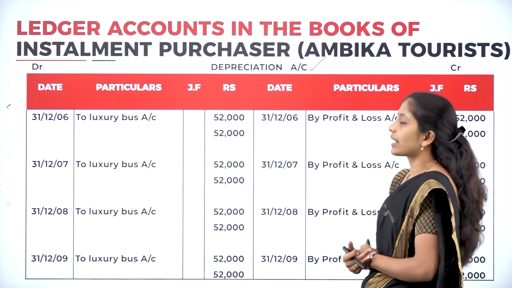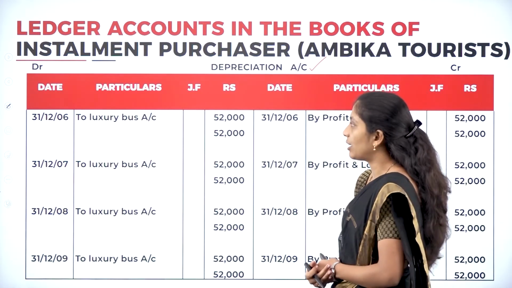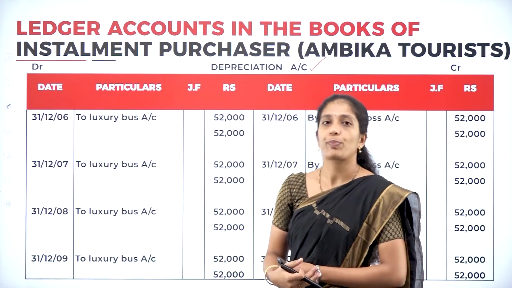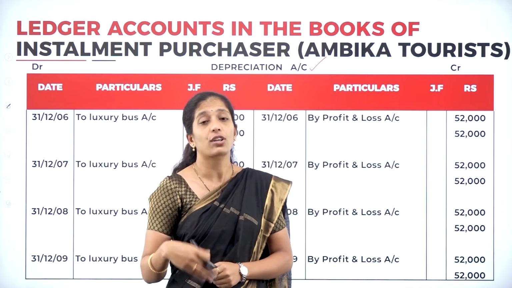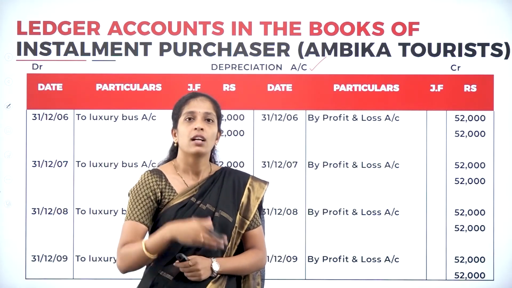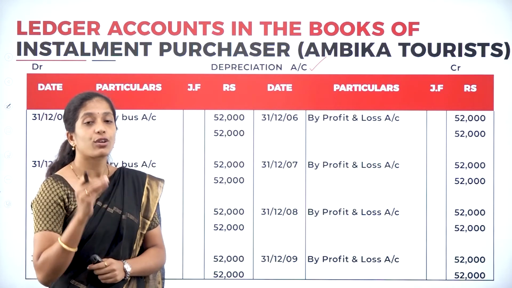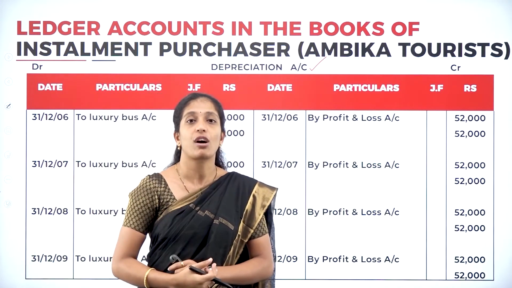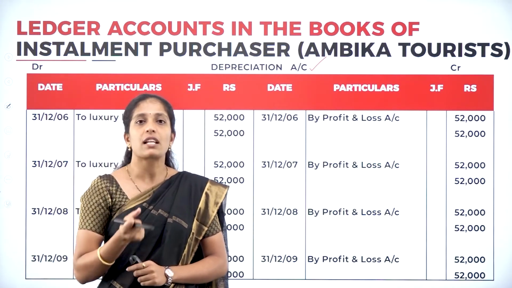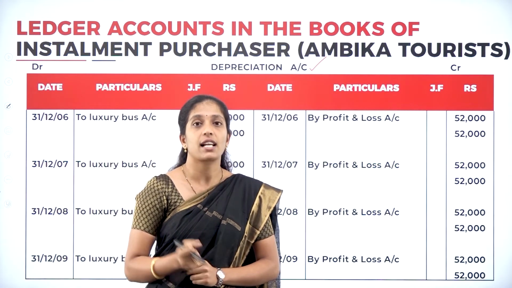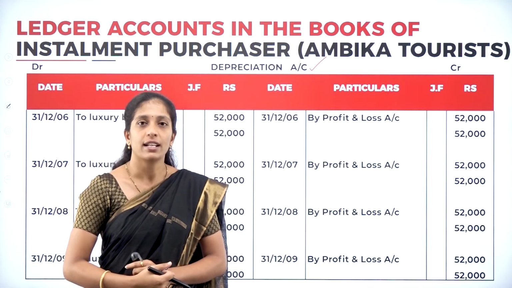Now come to the last account, that is the depreciation account. As I told, when we prepare the depreciation account, or when we charge the depreciation in all the years, since we record purchase entries in the books of the installment purchaser, the installment purchaser is having an asset, so he has to calculate the depreciation.